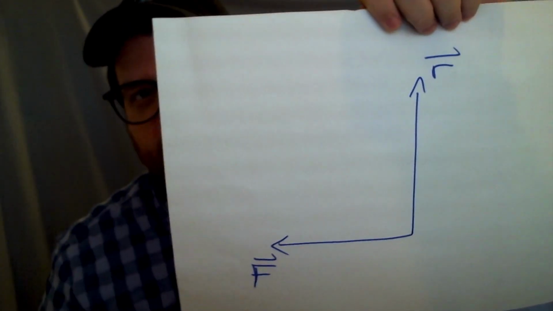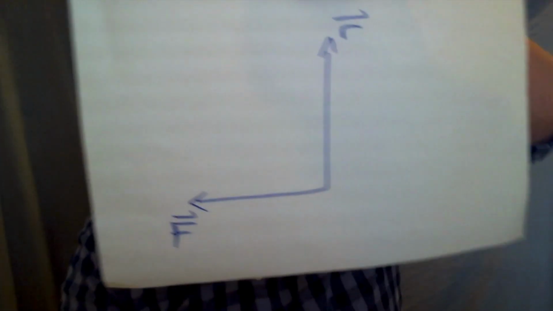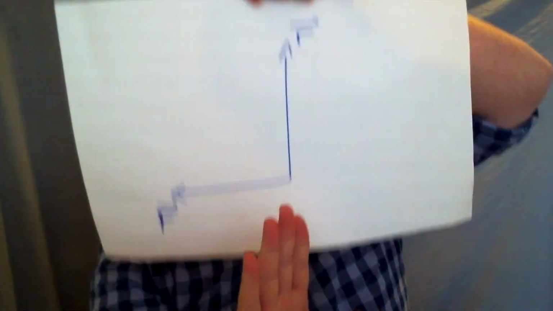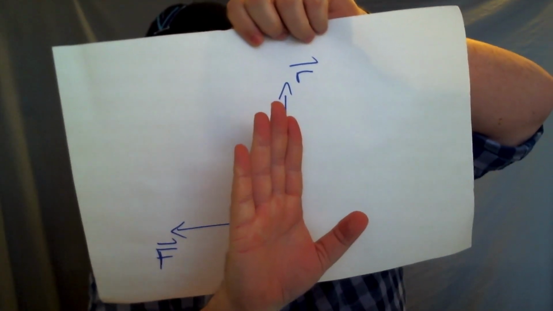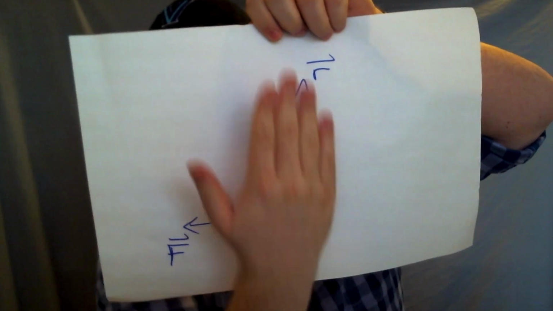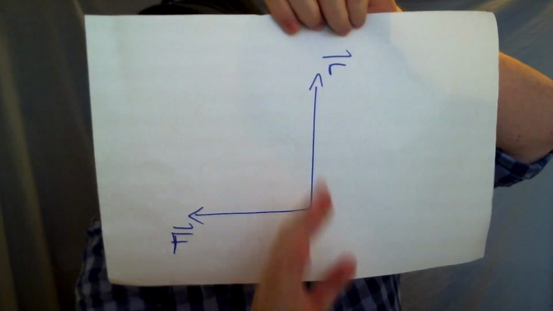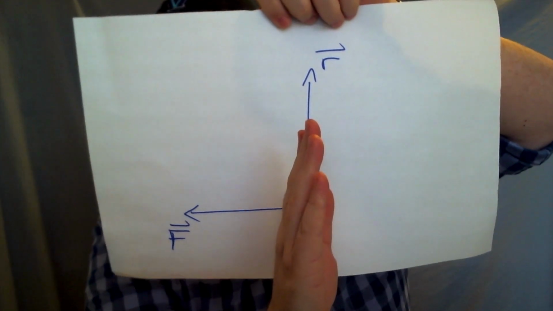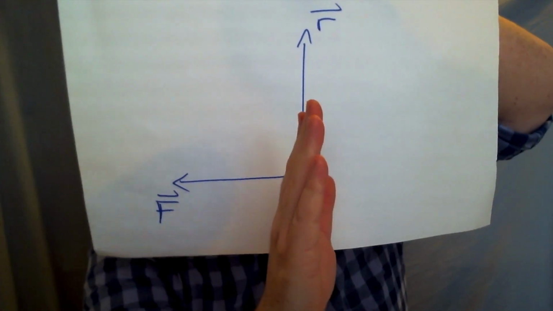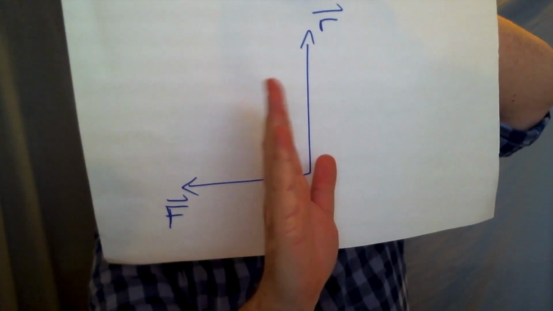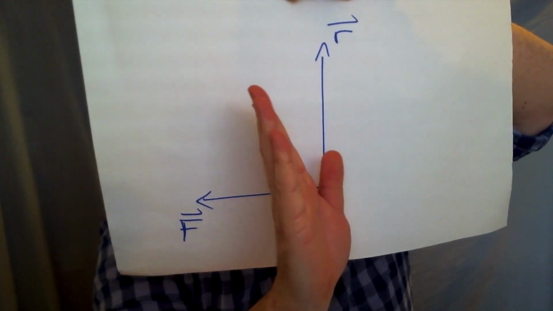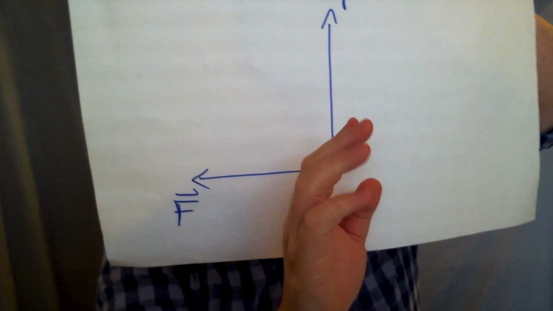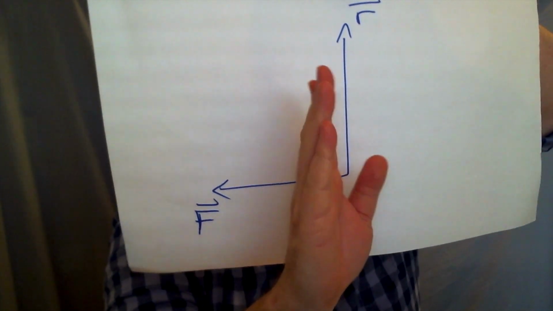So I have a quick primer here. Let's do this. I'm going to point my fingers up in the direction of R, right? And I could point them this way, or this way, or any which way. Let's say I point them this way for right now. I need to bend my fingers into the direction of F. And if you can bend your fingers back this way, go to the hospital. You have broken your hand, all right? You can't bend your fingers back this way.